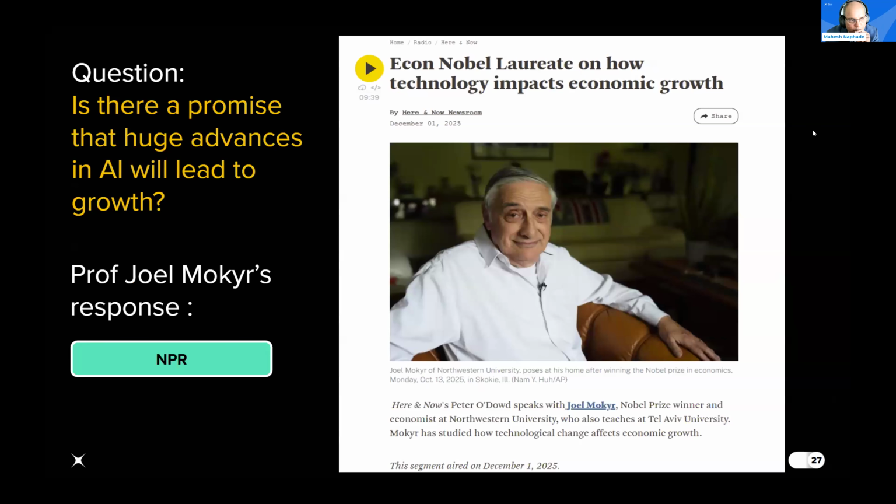Before I wrap up, I have to share this interesting comment made by a Nobel laureate from 2025 for economics. He was asked, is there a promise that huge advances in AI will lead to growth? His view, interestingly, coincides with what we are talking about here. He said: what AI will allow us to do is, it's basically computing power on steroids that will allow us to do things that we couldn't ever do before.